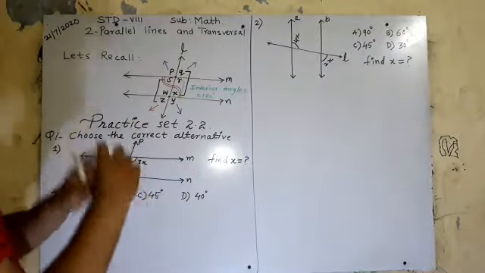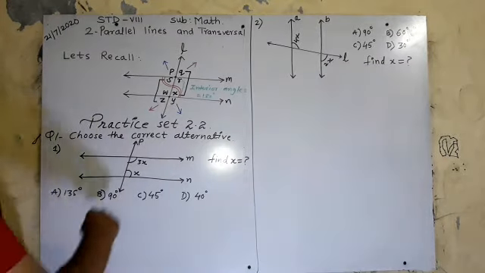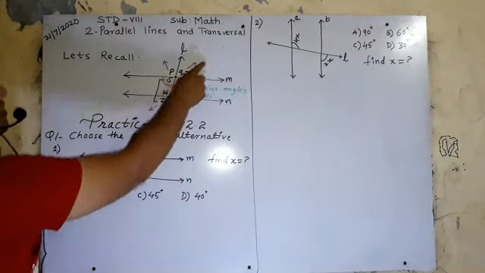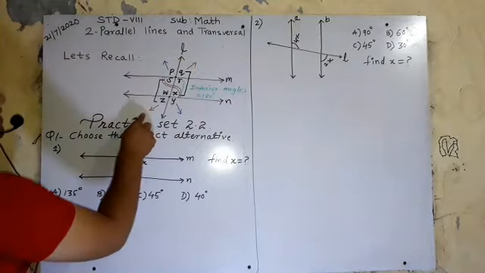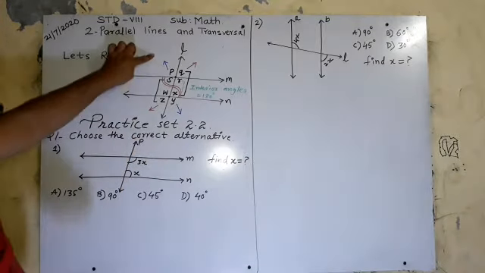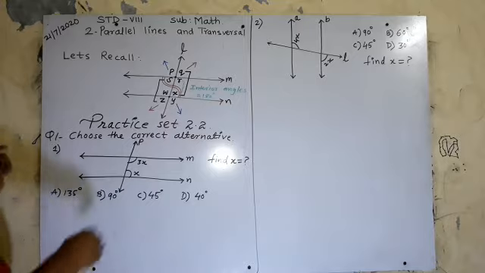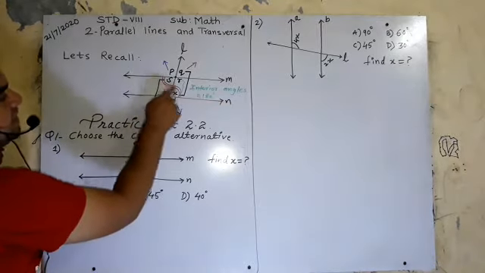Interior angles on the same side, whose sum will be 180 degree. Can you see this red mark? Exterior alternate angles means angle Q and angle Z are exterior alternate angles. Like that, angle P and angle Y are also exterior alternate angles.